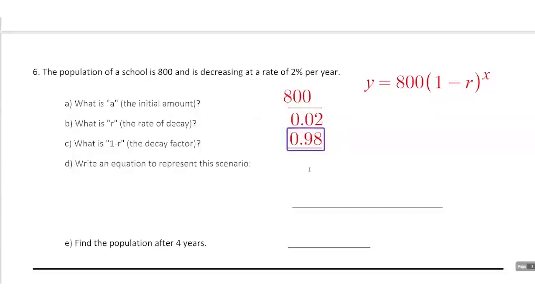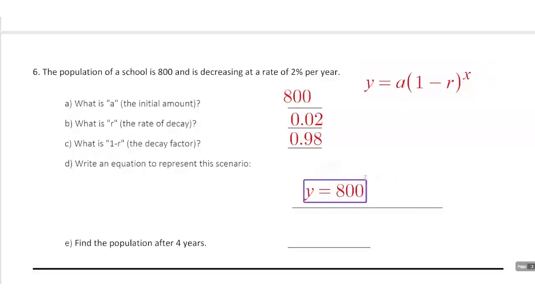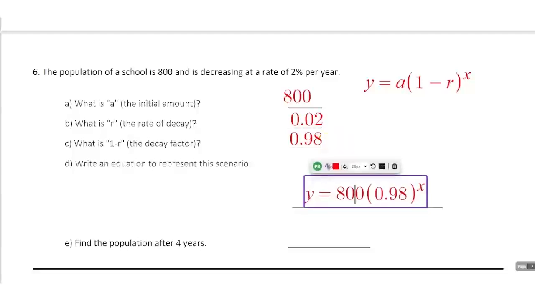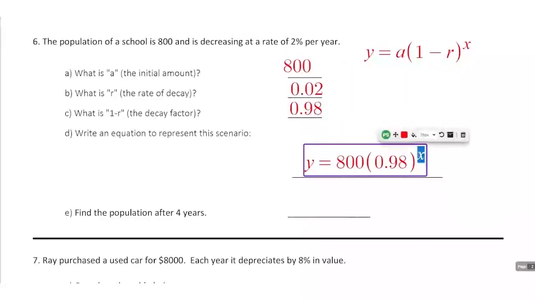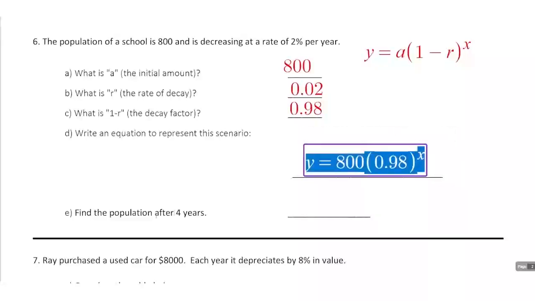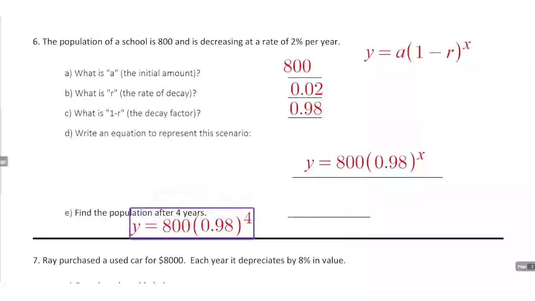And so now we can write our equation. Y equals 800, right? That was our A value right here, times 1 minus R, 0.98 to the power of x. So to find the population for 4 years, we're going to substitute 4 in for x. So once again, this is something you probably just want to put in the calculator.